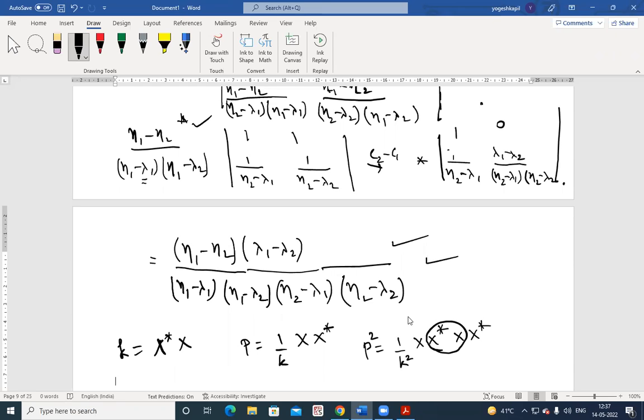So k would go with k, and I am left with 1 by k x x star, which is again P, as per my definition. So this is a projection. Such matrices are known as projections.